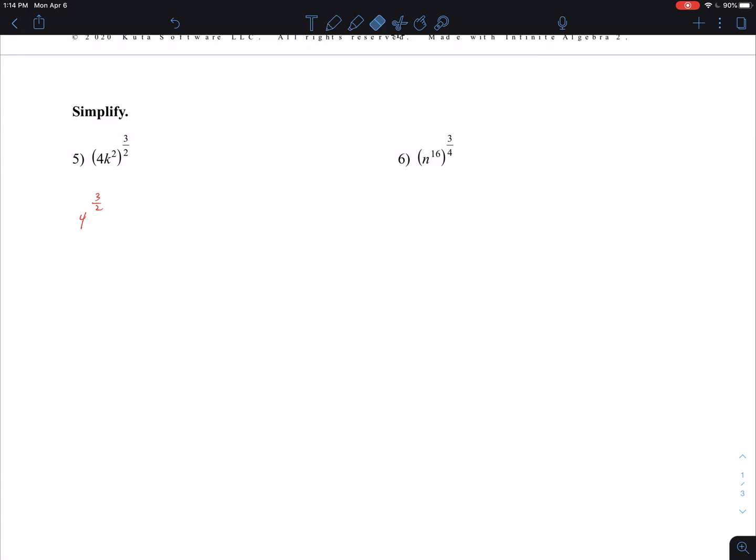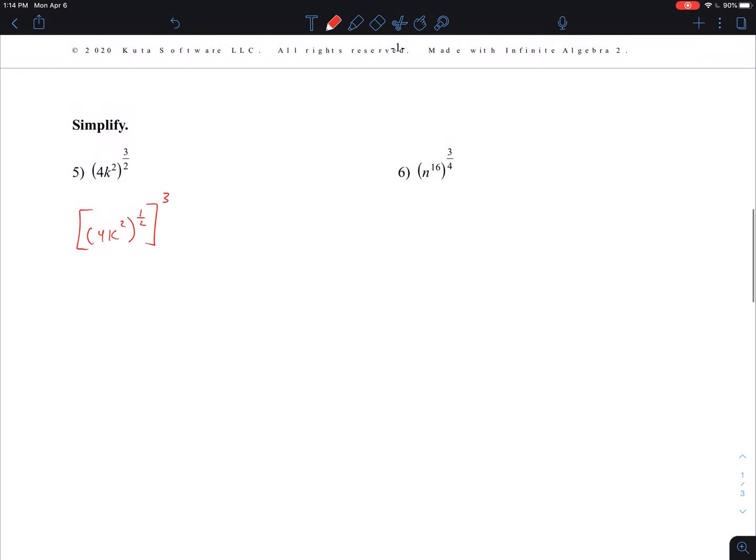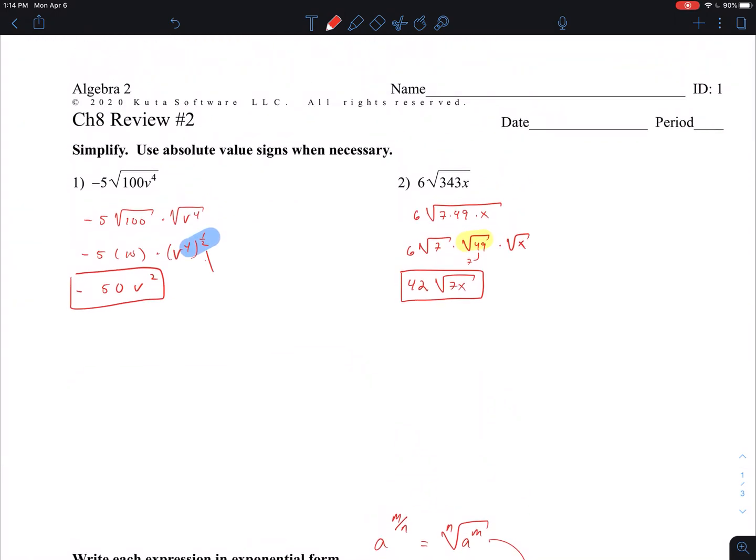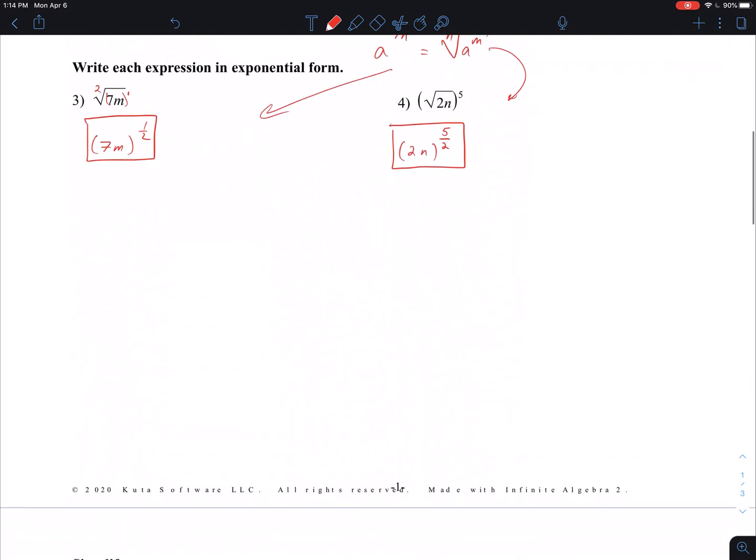Let's say we have 4k squared, right? And I'm all raising that to the half. Well, I can also raise that to the third power, right? Because as we mentioned before, up here, a power to a power, you just multiply the powers.